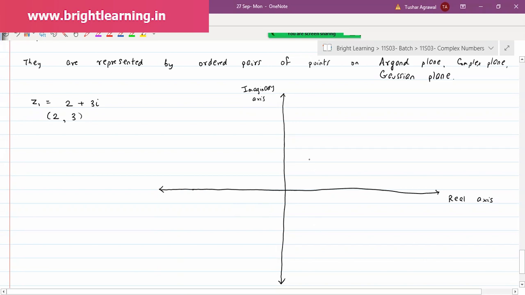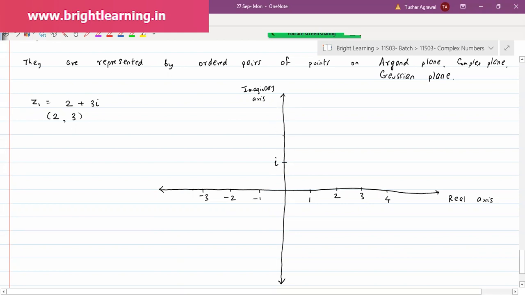So this point is one unit, 2 units to the right, 3 units, 4 units. So this one is the pure real number 1. This part is minus 1, minus 2. What is this point? The real part will be 0 and the imaginary part is 1. So real part 0 and imaginary part 1. What is that number? 0 plus 1 times i.